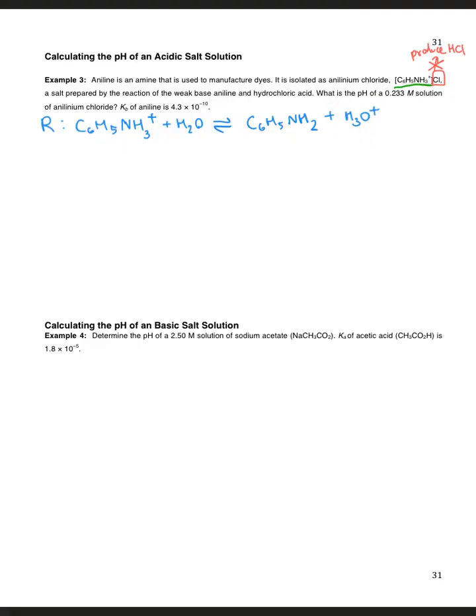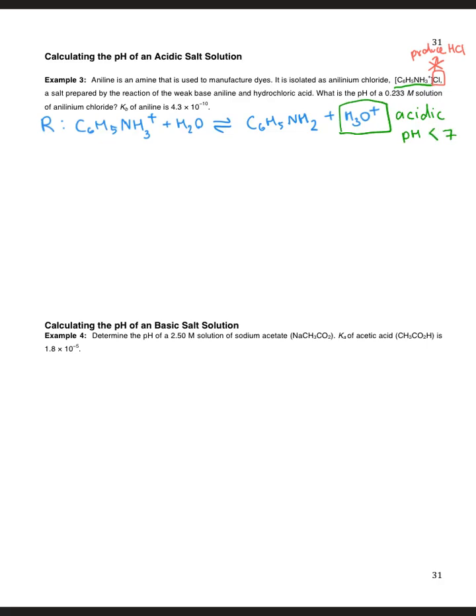Because this cation produces hydronium ions in the solution, this salt is classified as an acidic salt. So when you calculate the pH, your calculated value should come out lower than 7.